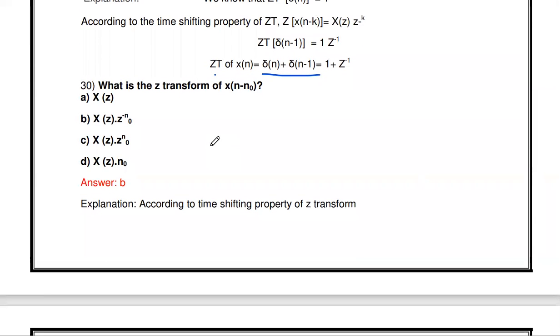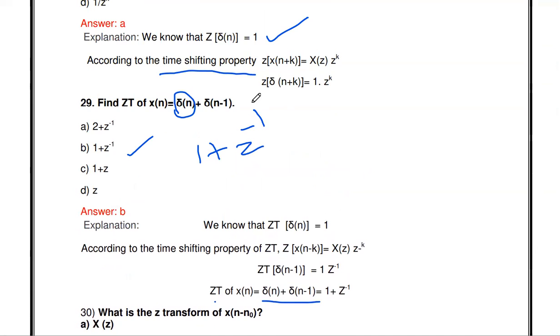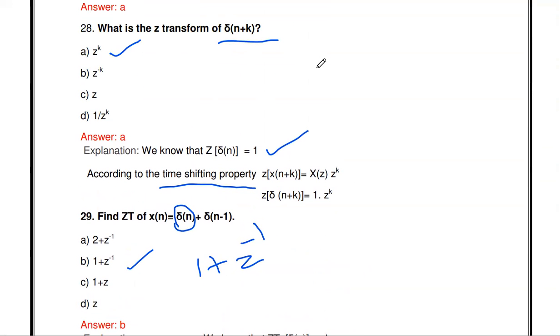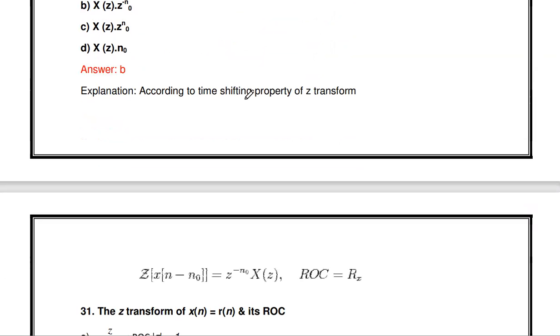Then the next question: what is the Z transform of x of n minus n naught? This is the property they are asking about. Generally they ask things like delta of n minus 1, delta of n plus k. According to the time shifting property, the Z transform of x of n minus n naught is X of z multiplied with z power minus n naught.